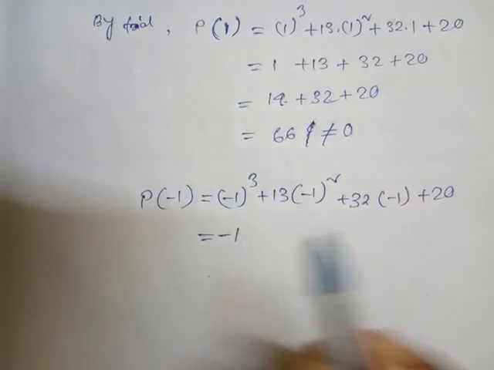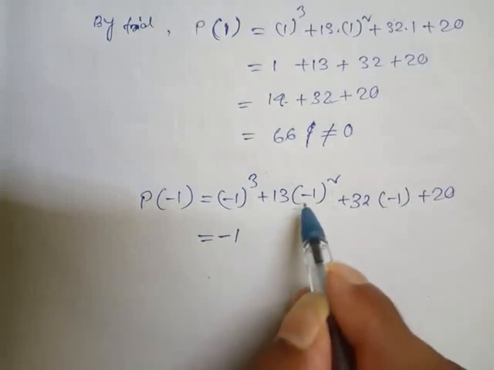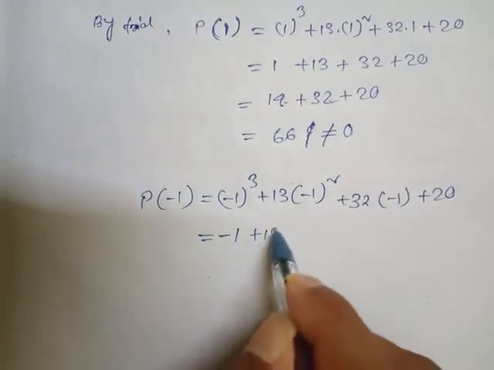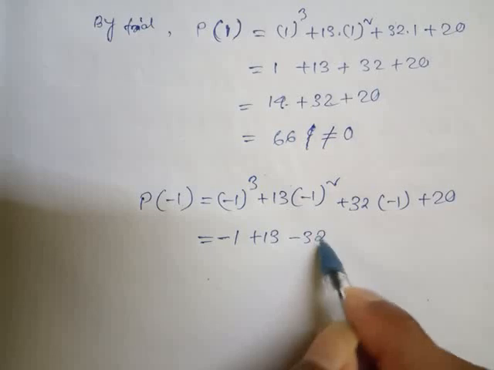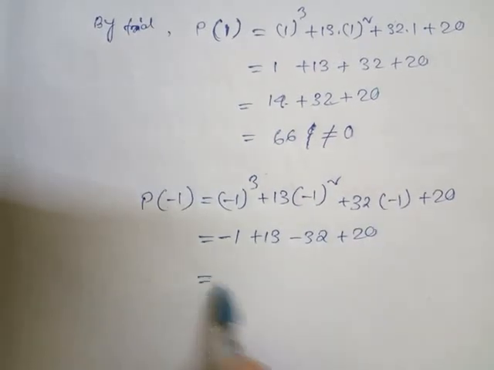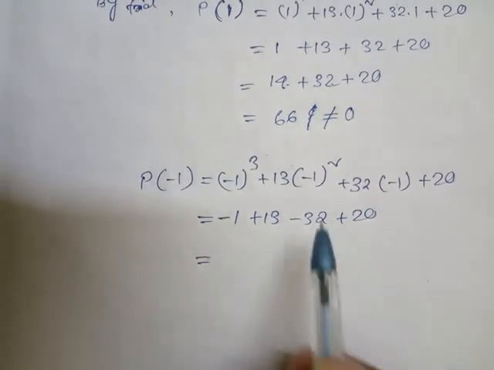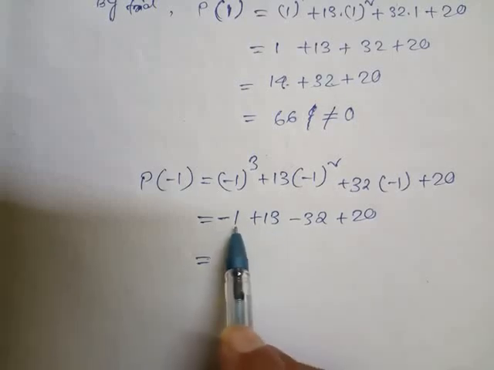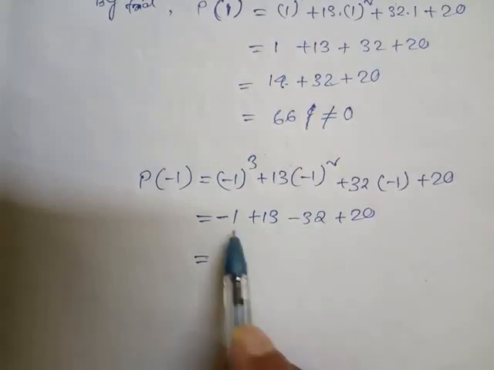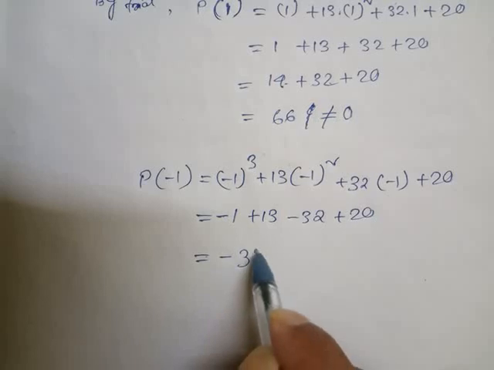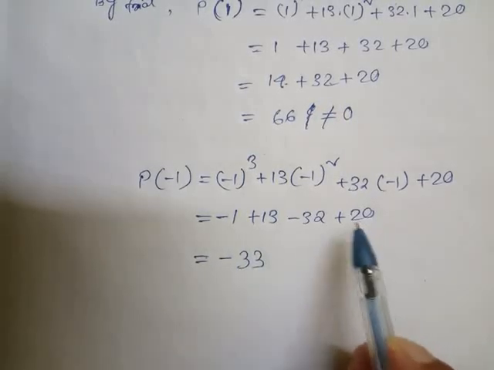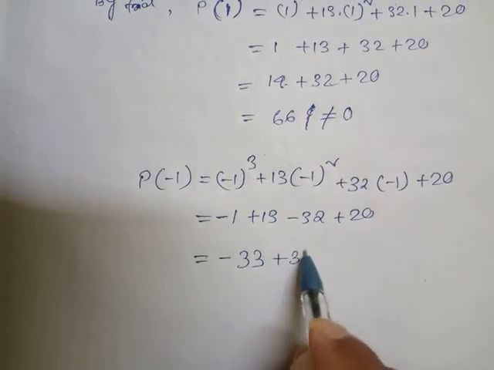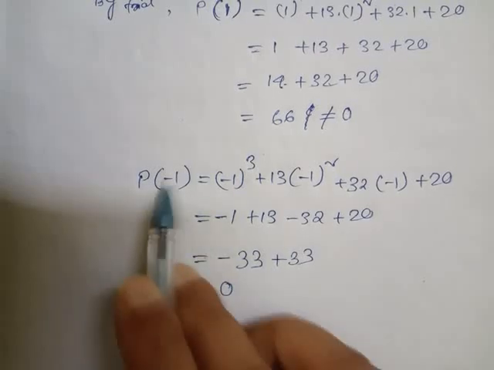Now minus 1 cube, then 13 into minus 1 square, then 32 into minus 1, then 20. Minus 1 cube is minus 1, minus 1 square is plus 1, so plus 13, then minus 32, then 20. There is minus 32 minus 1 is minus 33, and 20 plus 13 is plus 33, which means we will get 0 after putting minus 1.